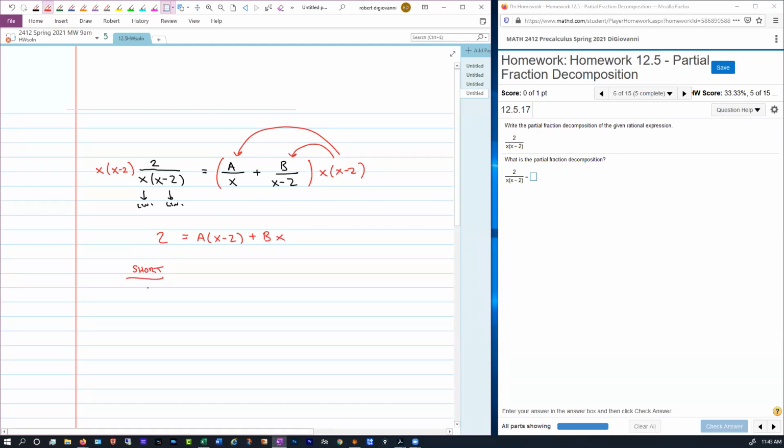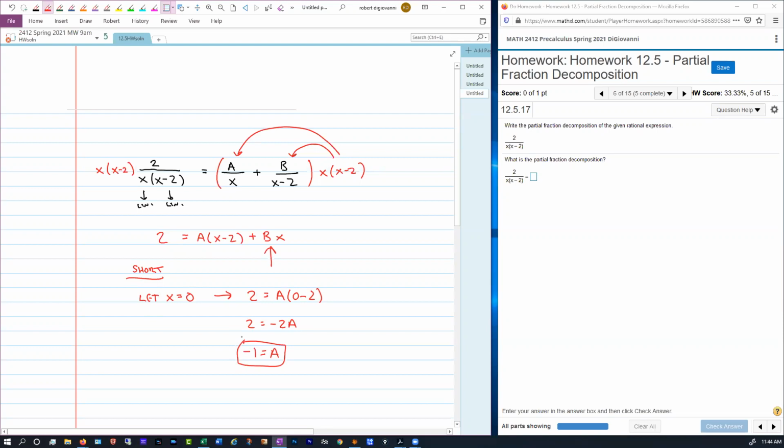Here we can use a shortcut method. Let me figure out what a is. To get a, I'm going to kill this one off by letting x be 0. If x is 0, the whole equation turns into 2 equals a times 0 minus 2. So 2 equals negative 2a, and dividing through by negative 2, you get negative 1 equals a.